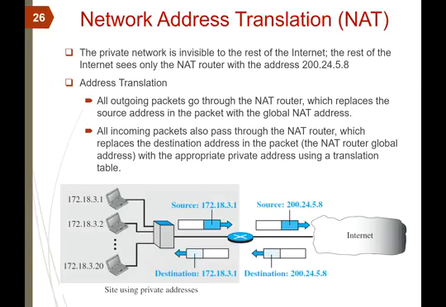The private network is invisible to the rest of the internet. The rest of the internet sees only the NAT router with its address. For example, in this case, this is the router. You see, these devices, these IP addresses cannot go to the internet.